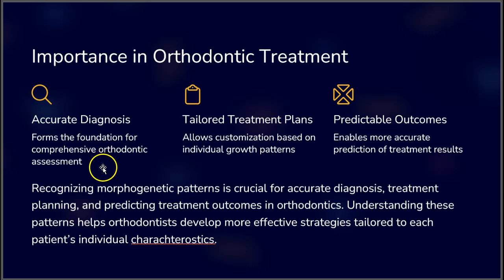We're looking right now at the facial characteristics, the skeletal underpinnings of the face. If they have a little bit of a hypodivergent characteristic, we may need to tailor our treatment, and that's where this comes in. We're going to customize the treatment based on the individual growth pattern. This is going to become clear after this video when I start to bring in cases that clearly fit into the three categories and how we should be looking at these cases.